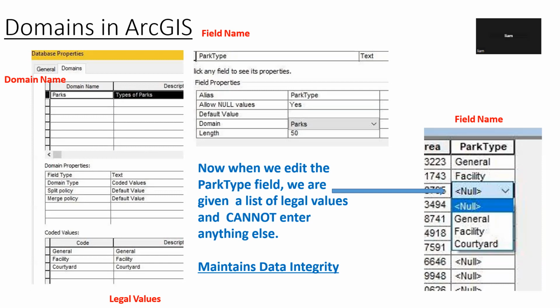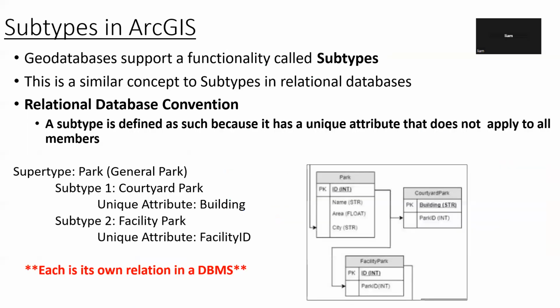That you set up as coded values. Okay, yeah, like this. We're given a list of legal values and cannot enter anything else but those three. Okay, and then it helps maintain the data integrity. So domains and subtypes actually help maintain data integrity. And I'm going to show you what subtypes are.